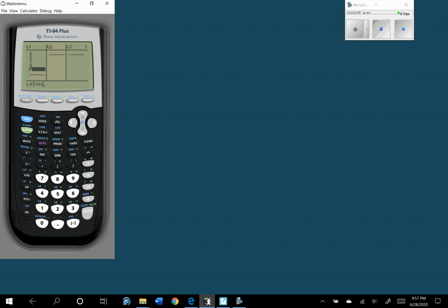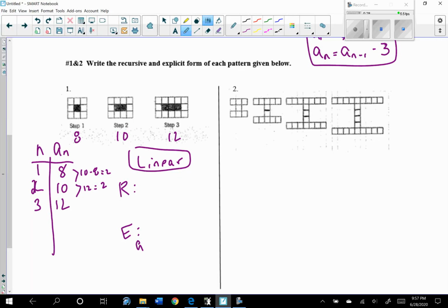So I'm going to delete 4, 5, and 6. And then this is linear, so you go to stat, calculate, number 4, enter. And so we get A is 2 and B is 6. So A sub n equals 2n plus 6.